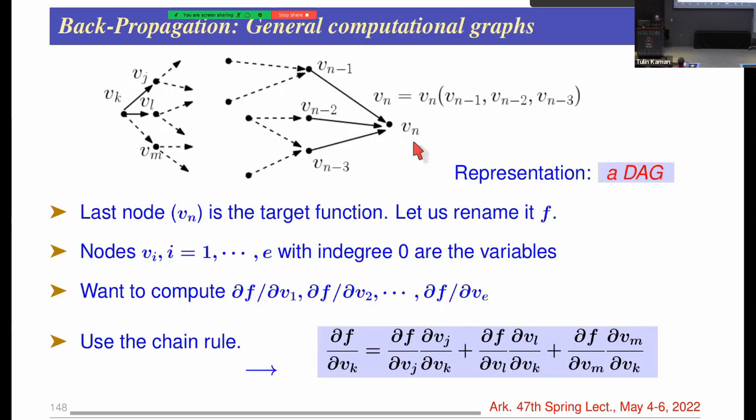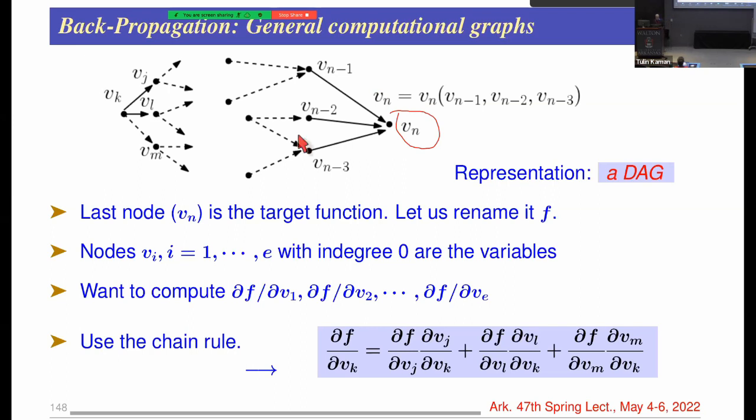Here's the observation. So now I'm going to call these nodes, I'm going to give them a name. So Vn, for example, depends on Vn minus 1, Vn minus 2, and Vn minus 3, the last one. Let's suppose this is the last one you want to compute. Each of these, remember, depends on x and y and z, or whatever the initial variables are. But I'm interested in the partial derivatives of Vn with respect to x, y, and z, etc., all the variables.